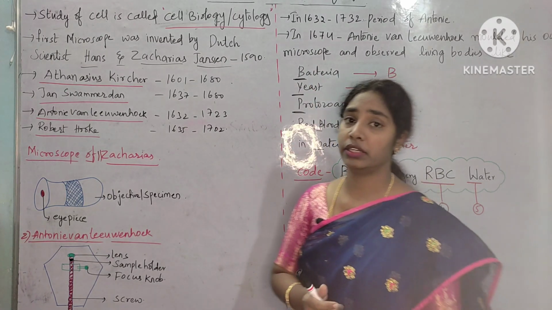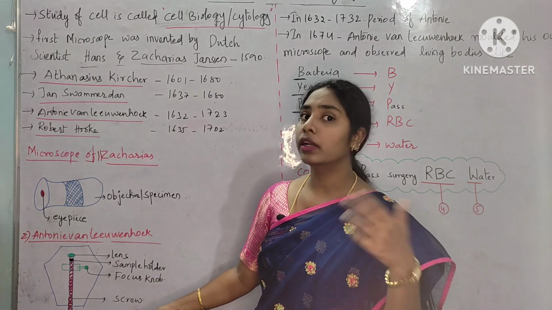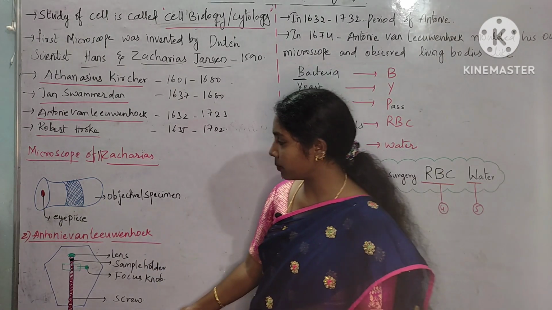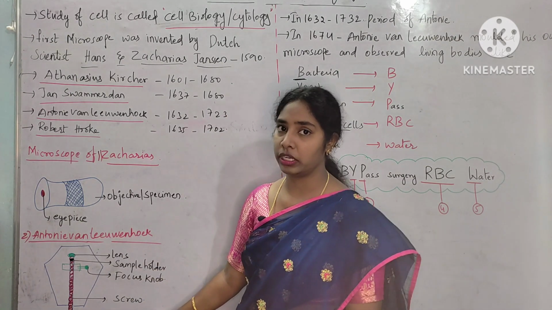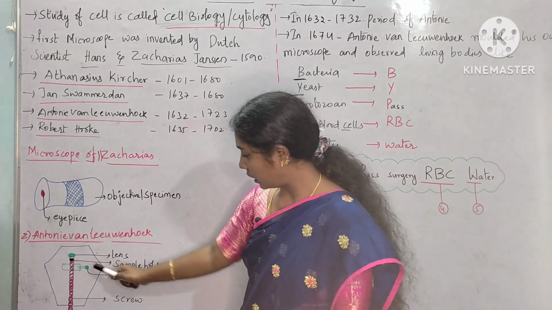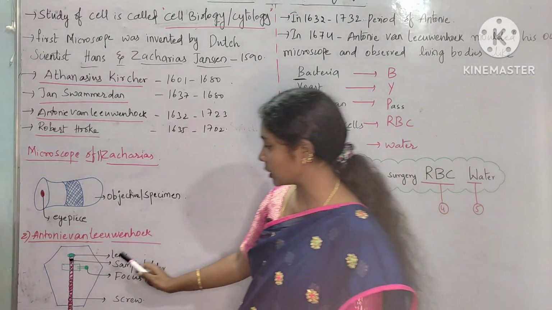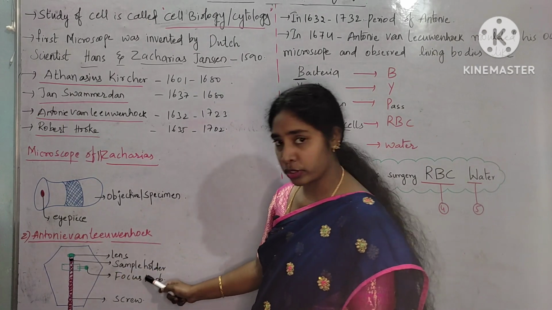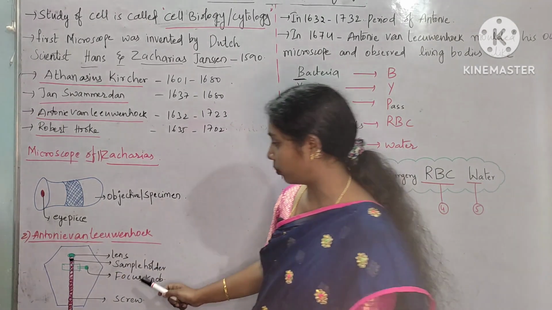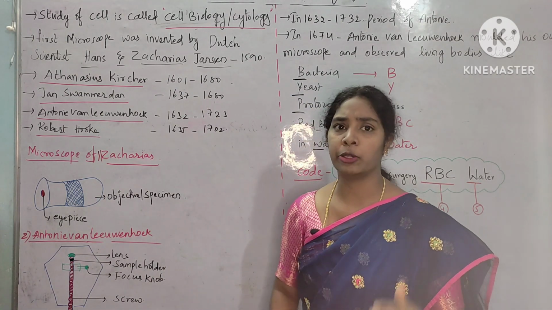That is completely different from the microscope invented in the past. This is a microscope invented by Antonie van Leeuwenhoek. It contains a lens. Next, the sample holder is where we place the specimen. Next, the focus knob to adjust light properly. Next, this is a screw. So this is a simple microscope made by Antonie van Leeuwenhoek.